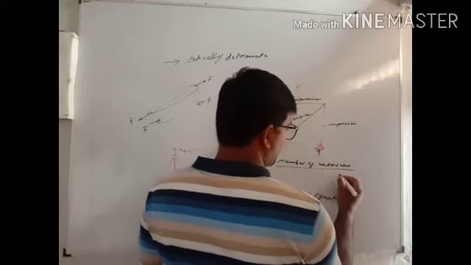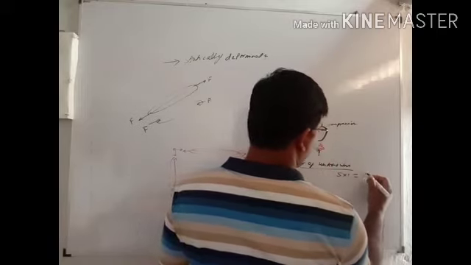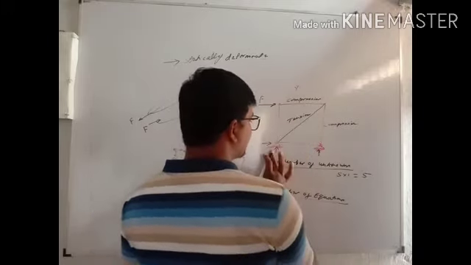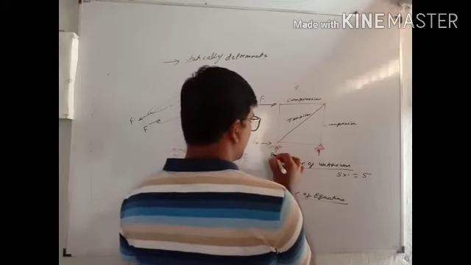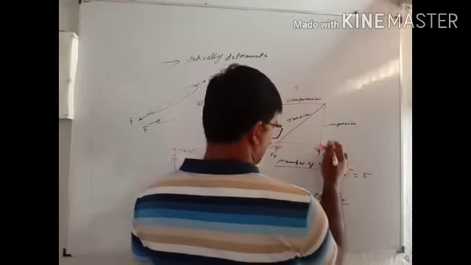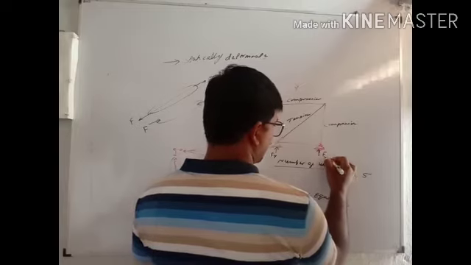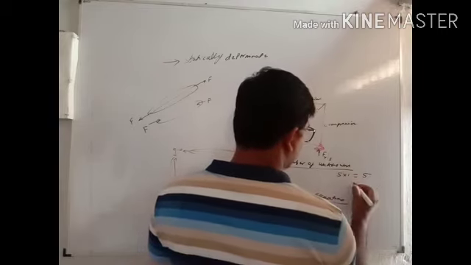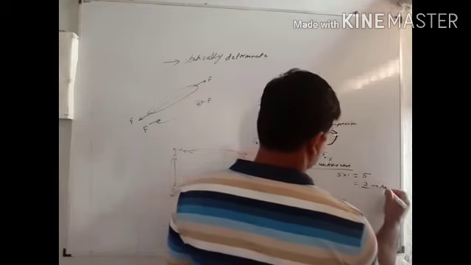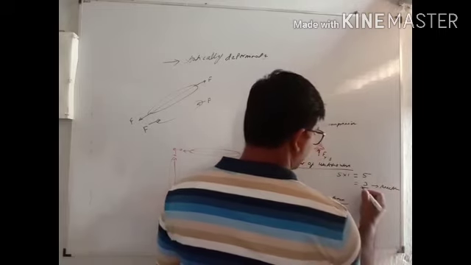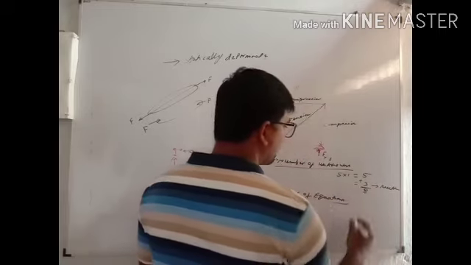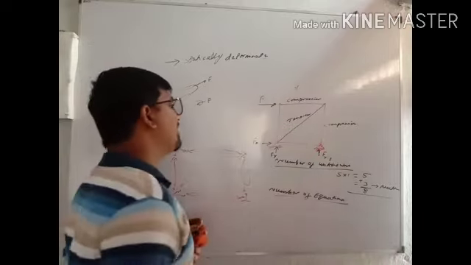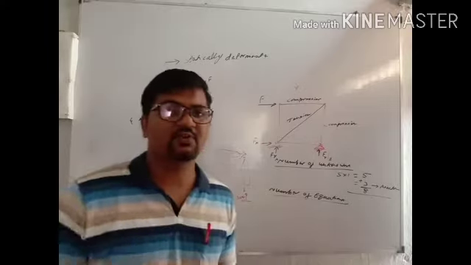So 5 into 1, 5 unknowns. Next, 3 reaction forces: Fx, Fy at B point, and this is A. So the total is 8 unknowns. Supports are different, and each member gets 1 force only.